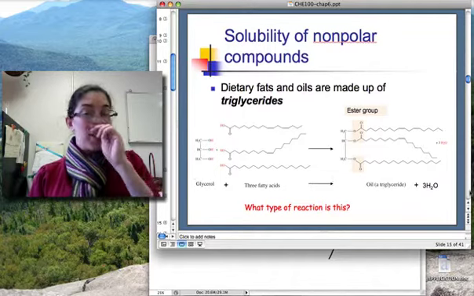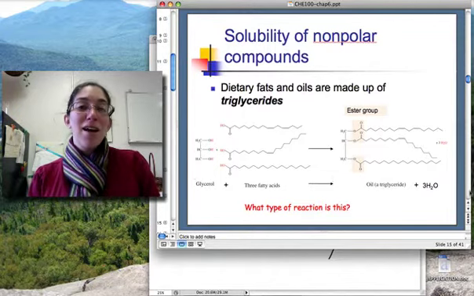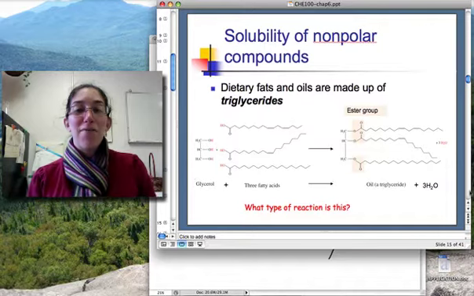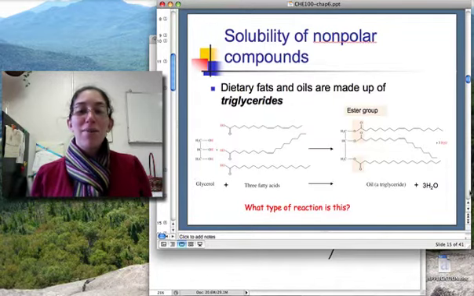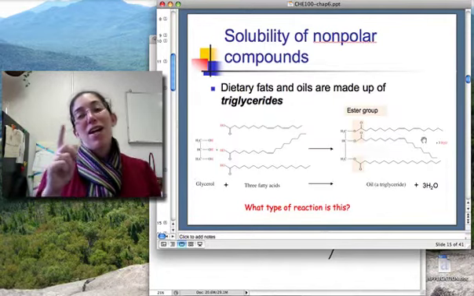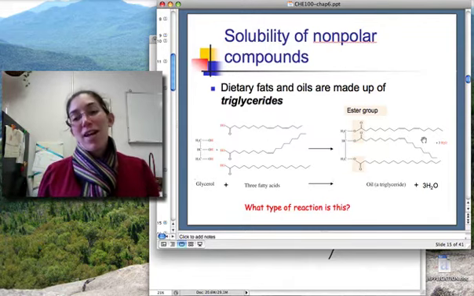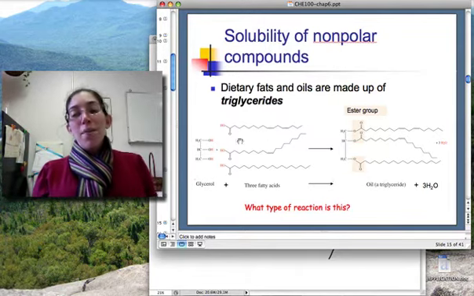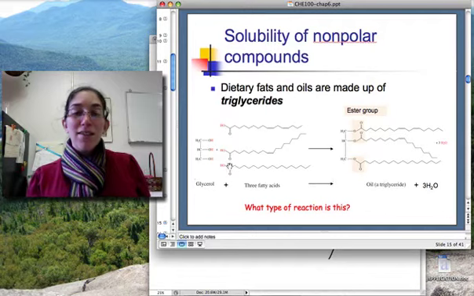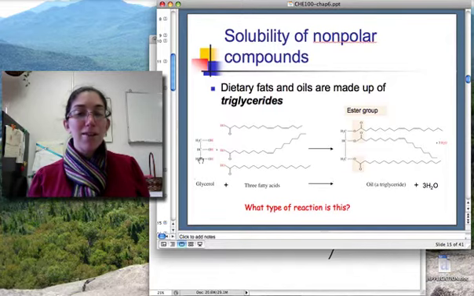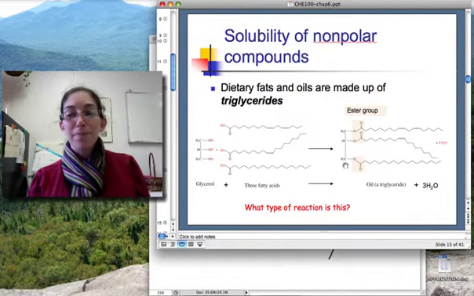We talked about fatty acids, saturated fatty acids, unsaturated fatty acids, etc., but we didn't really talk about how they form our dietary fats. These fatty acids exist in our body in the form of triglycerides. So they combine with a molecule of glycerol. You have glycerol, it's this molecule here, and 3 fatty acids, and they combine to form what's called a triglyceride.